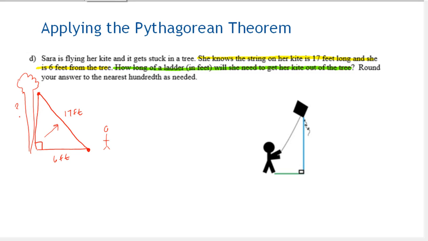So we want to use a equals the square root of c squared minus b squared. Okay. So this height, which I'm calling a, we want the hypotenuse squared, which is 17 squared, minus the known leg, 6 feet squared.